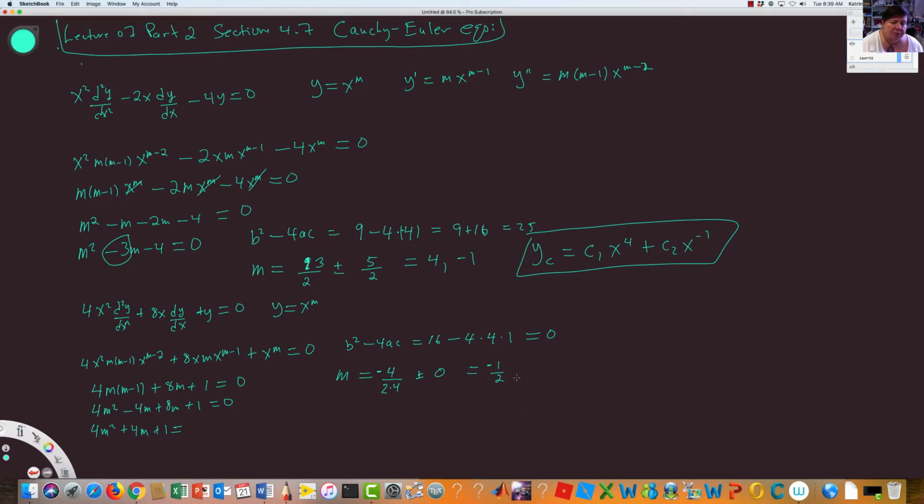Okay, so we have to use our ln of x solution. We don't have to go through all that math again because we know exactly what the second linearly independent solution is, right? So we can just write this down. yc is c1 x to the minus 1/2 plus c2 x to the minus 1/2 times ln of x, and there it is.